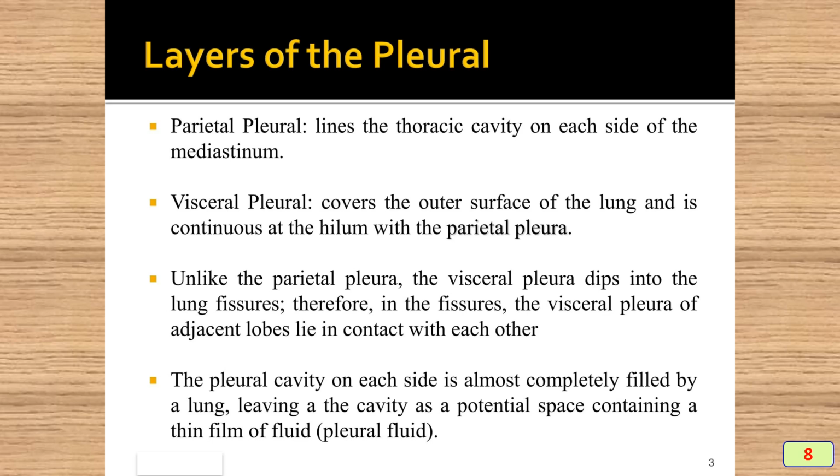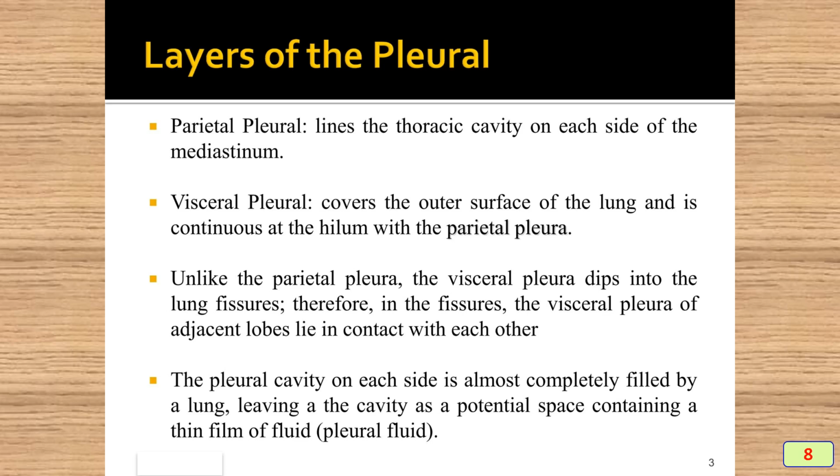The parietal pleura lines the thoracic cavity on each side of the mediastinum, and the visceral pleura covers the outer surface of the lung and is continuous at the hilum with the parietal pleura.